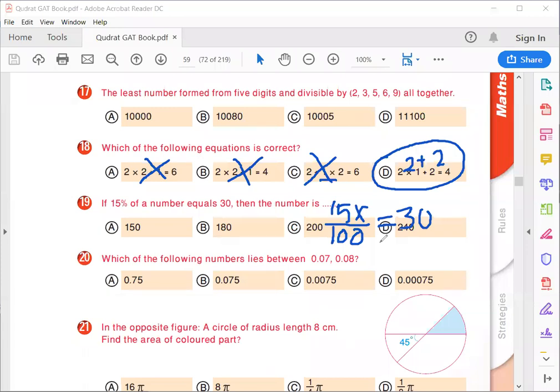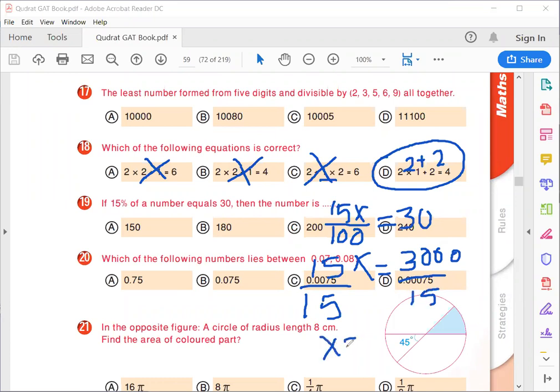Then you multiply by 100, then 15x equals 100 times 30, it is 3,000. Divided by 15, then you get the answer.